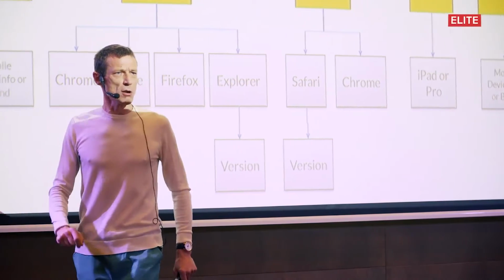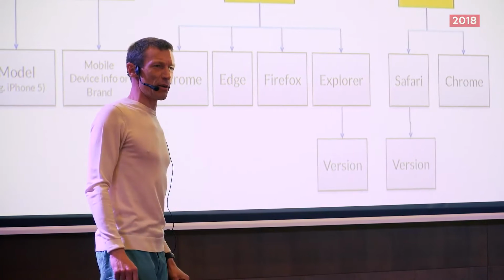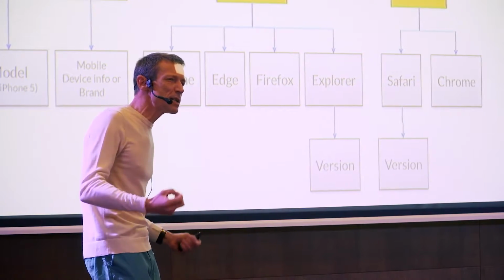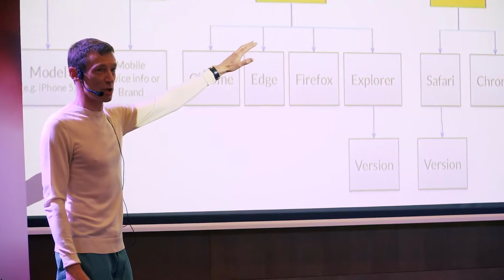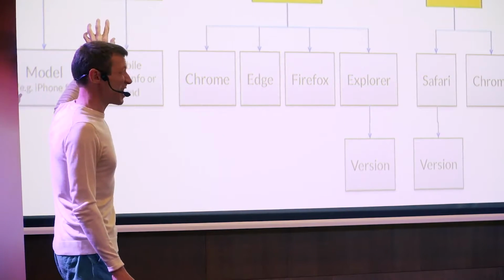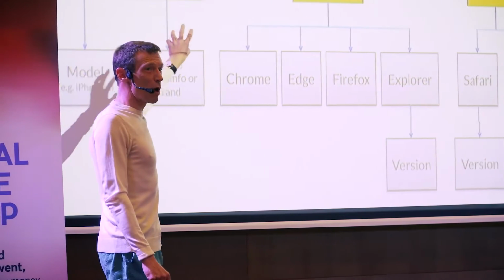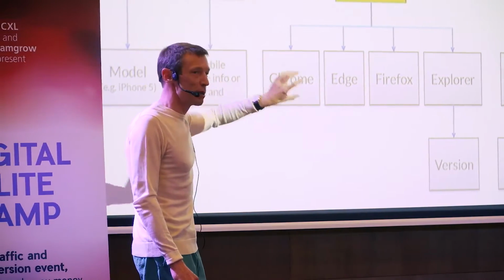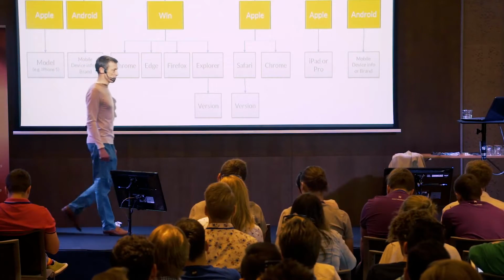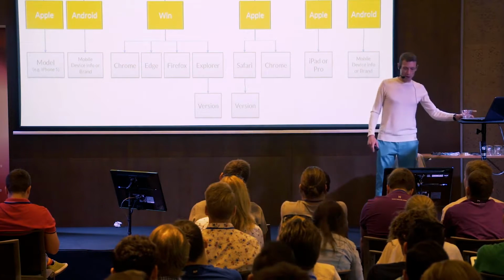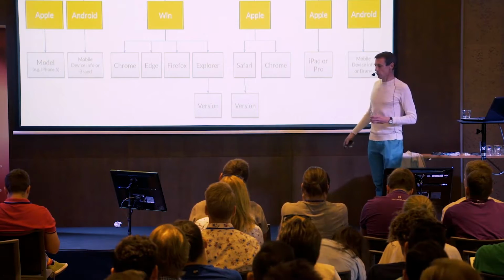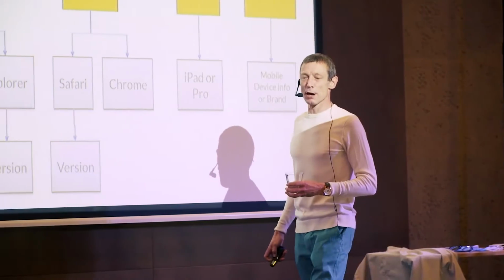Someone wrote to me the other day, you haven't got Linux in your diagram. That's because it's tiny in the data. This isn't a list of everything you'll find on your site, but for almost every site that I have worked on, these are the most important pieces of data. You might have some slight differences, but the whole point is it's this stuff that will give you the missing money in your website.